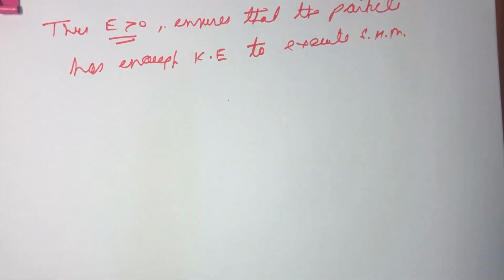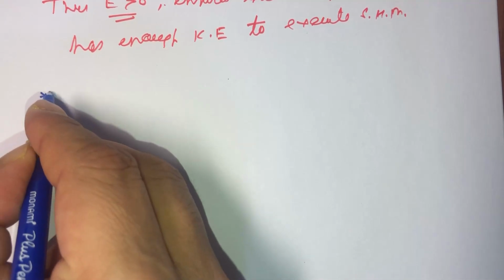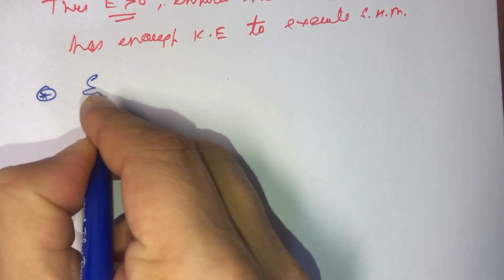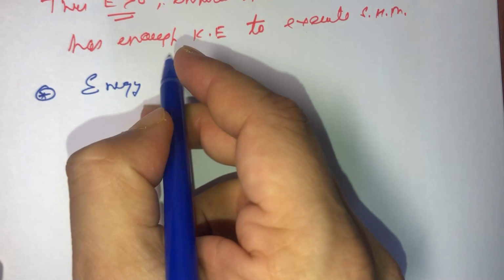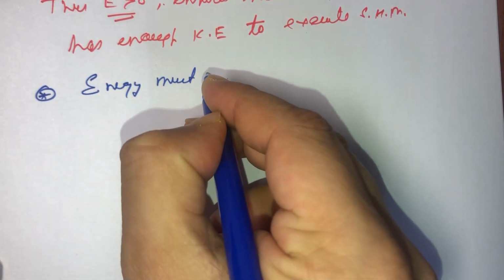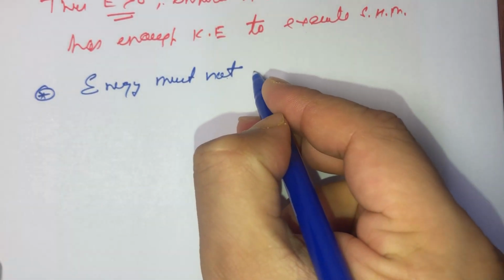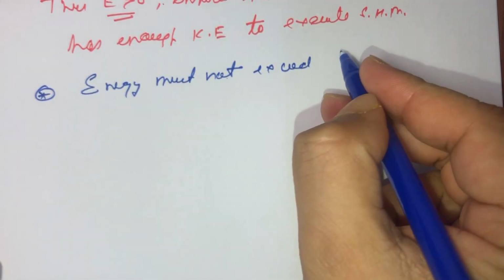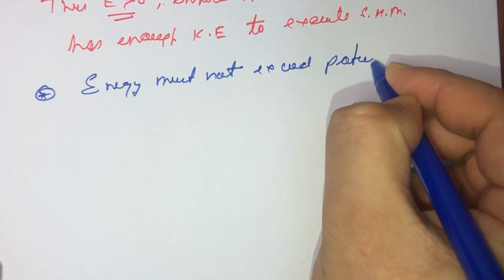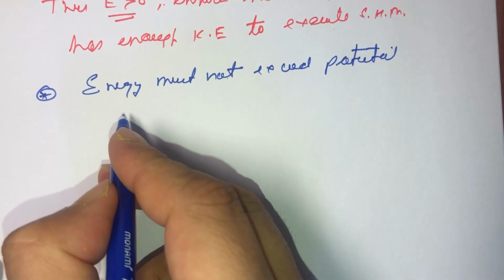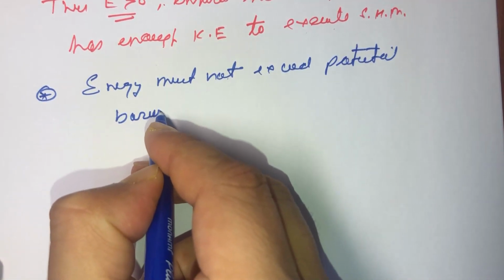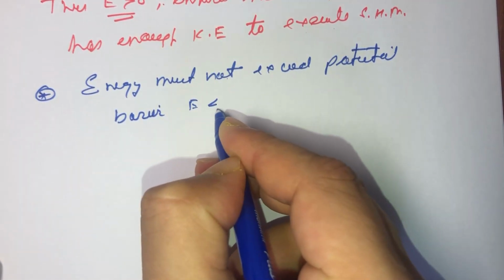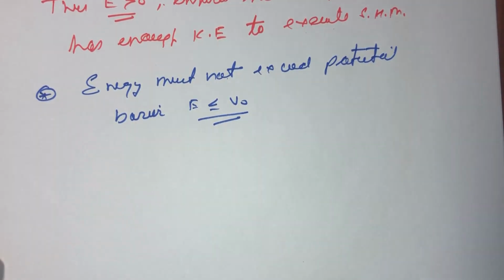Like we said, the energy must not exceed the potential barrier, so E should be less than or equal to V naught.